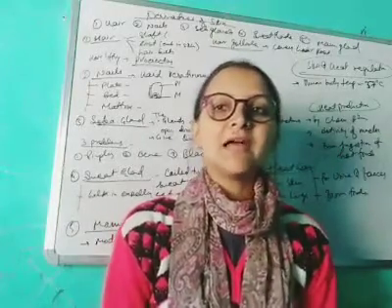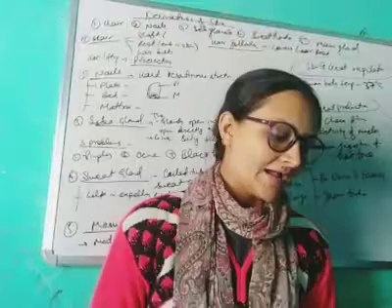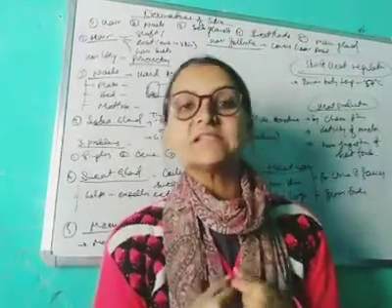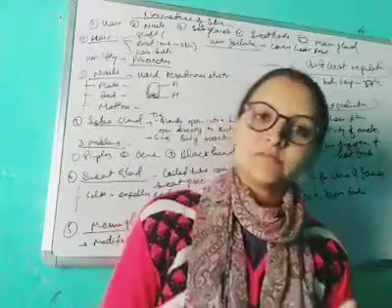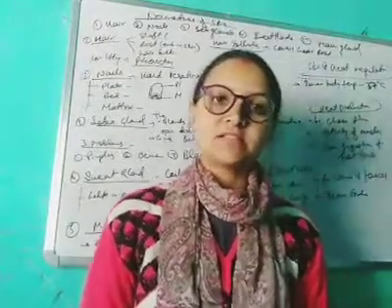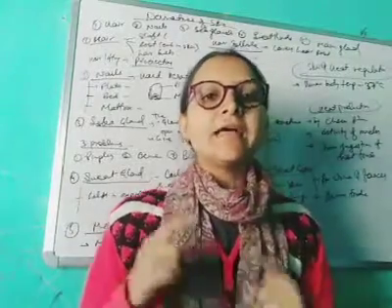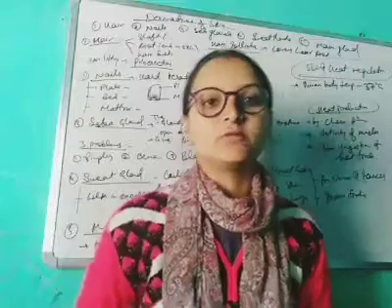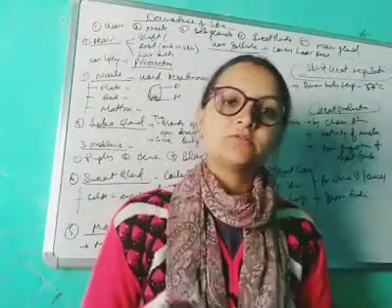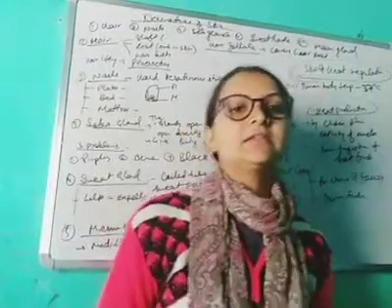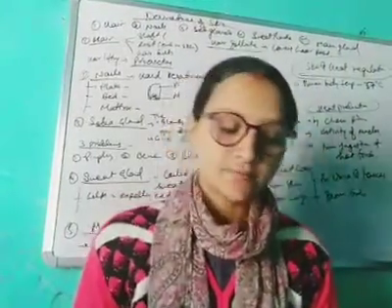So for that we take hot foods, and when the outside temperature is low, our blood vessels get constricted. When blood vessels are constricted, the blood supply will be less, and the heat loss will be less. So the body heat loss will get reduced.